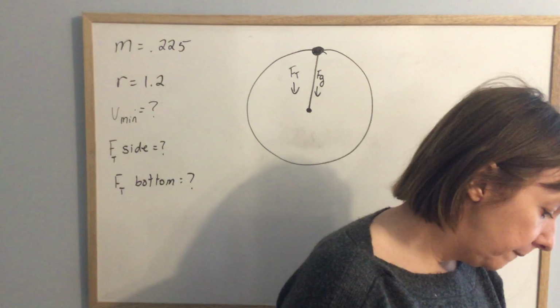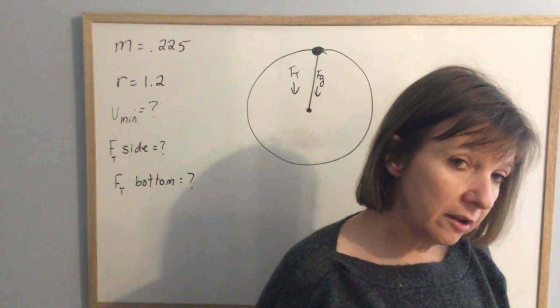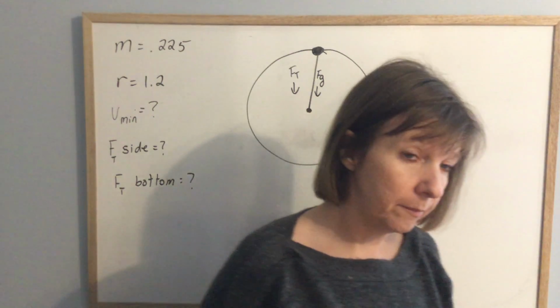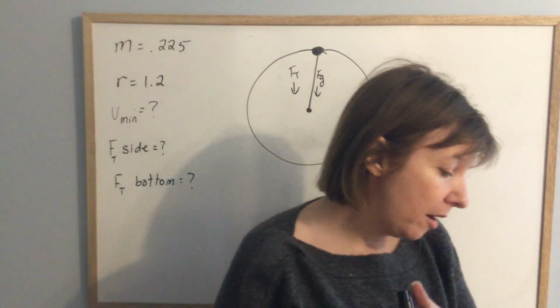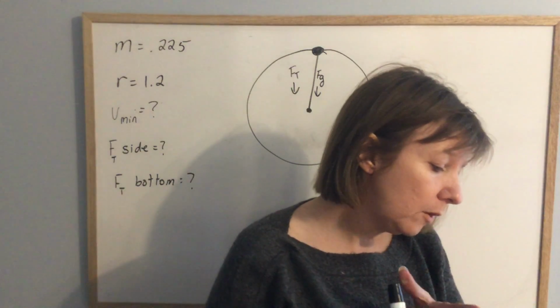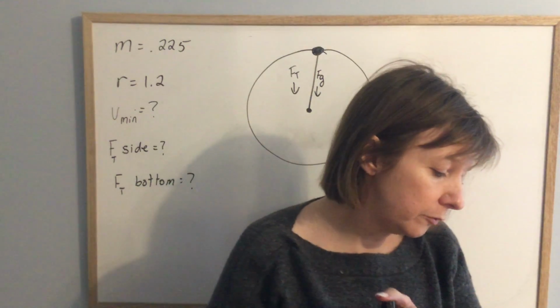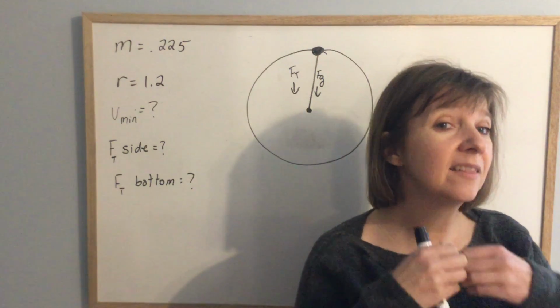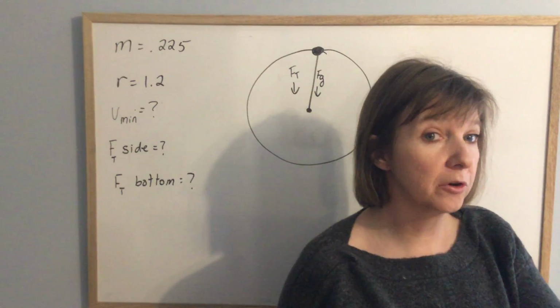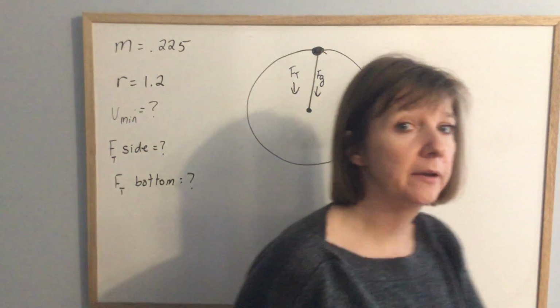So, therefore, this is the important bit, the smallest possible velocity would be the case where the required centripetal force is exactly the same as the force of gravity, okay?